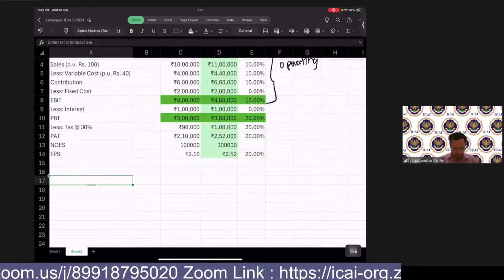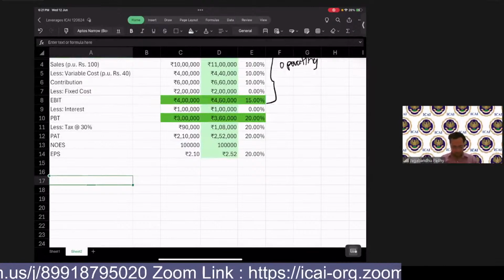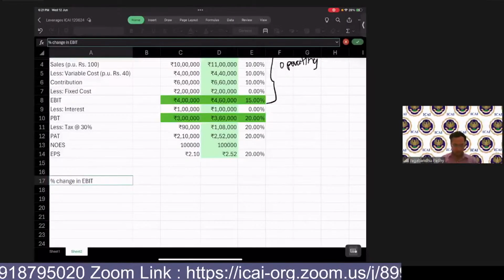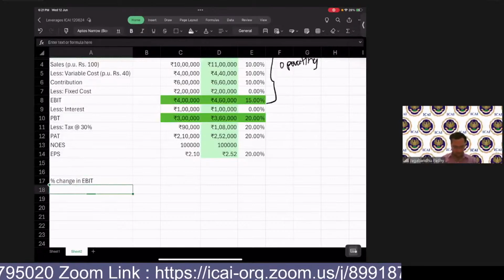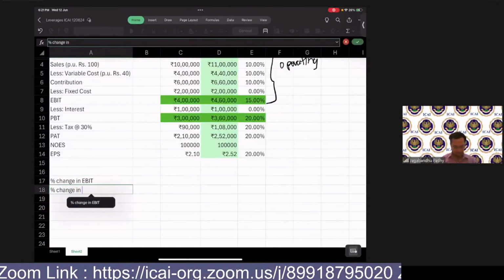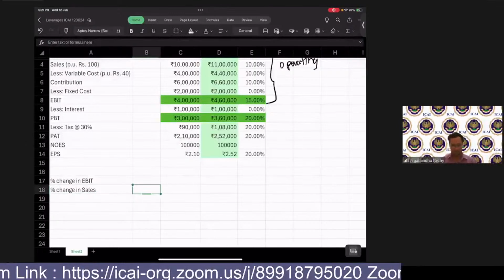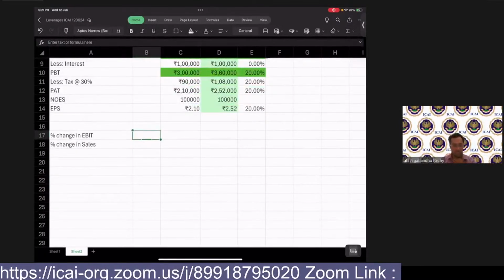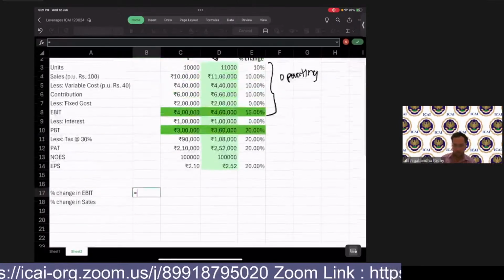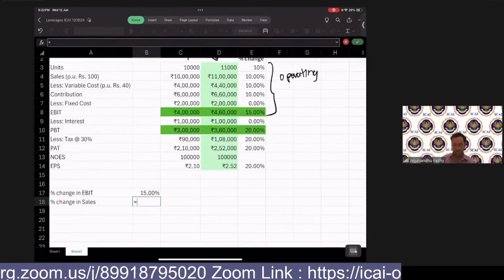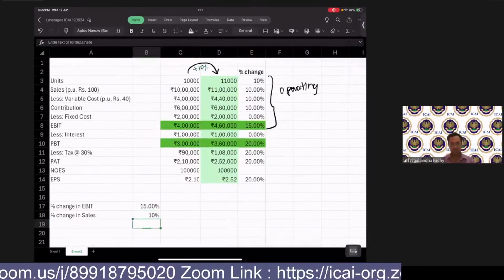So I simply say, percentage change in EBIT on percentage change in sales. What we observe is that percentage change in EBIT is 15%, and the change in sales is 10%.